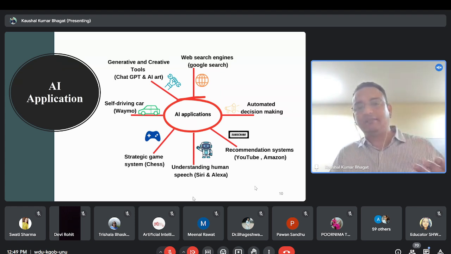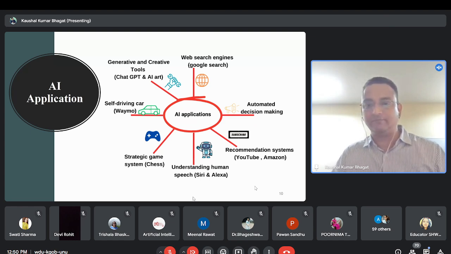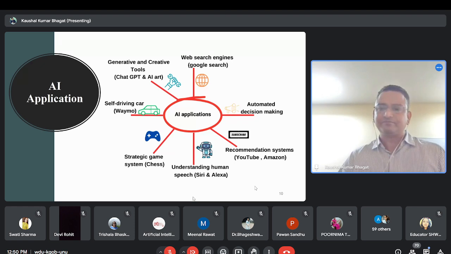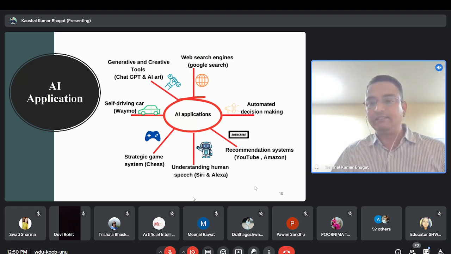Even if I am speaking in English, it can be converted simultaneously in real time into different mother languages, right? It can be converted into Hindi, Telugu, Tamil, Bengali, and other languages. So that is one thing. Then decision making is implemented in different sectors, whether it's military, manufacturing, different types of industries. It is there.